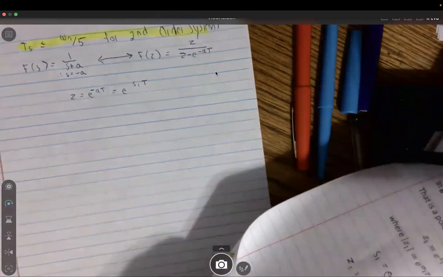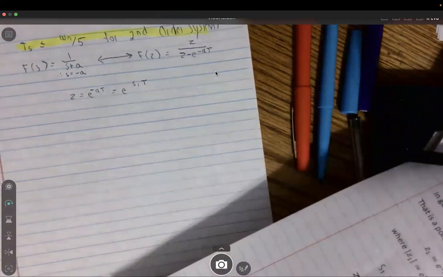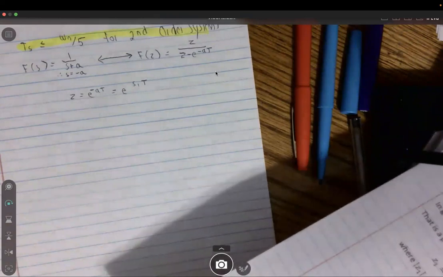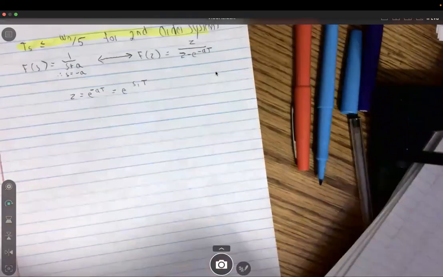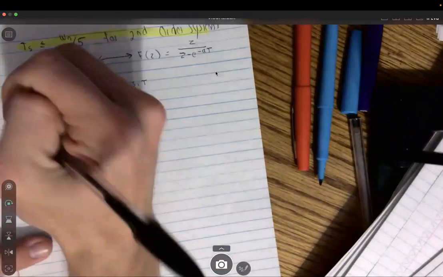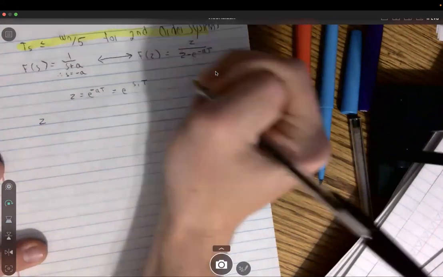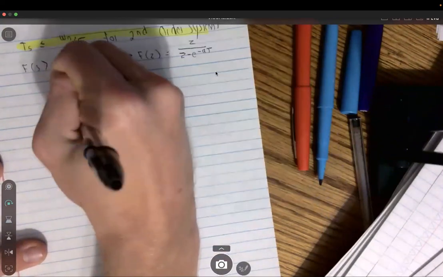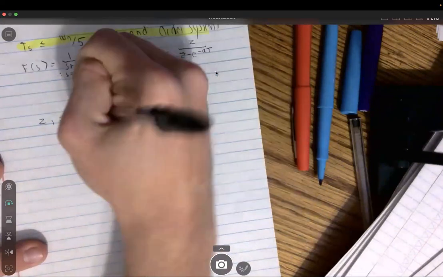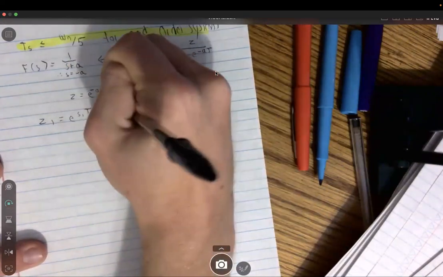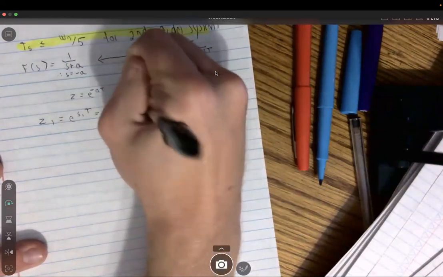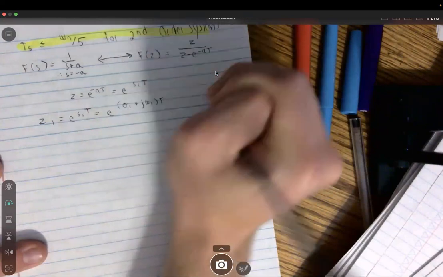And now, from here, you can separate it: Z1 is equal to E to the S1 T, and you can split that up in terms of E to the (sigma 1 plus J omega 1) T, okay?